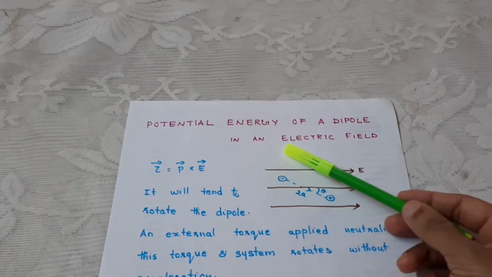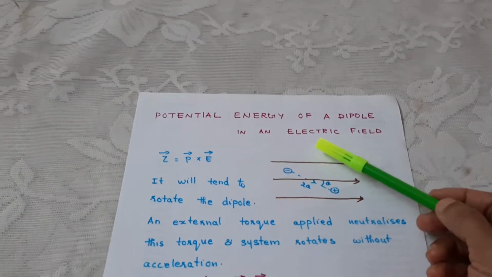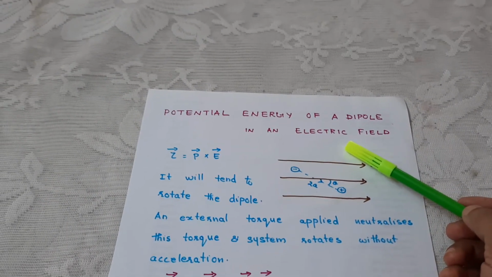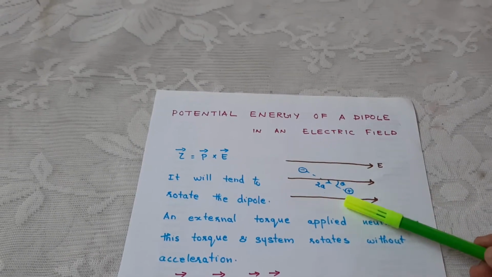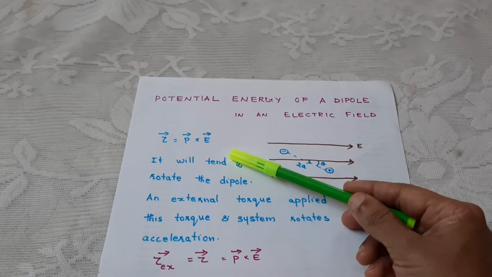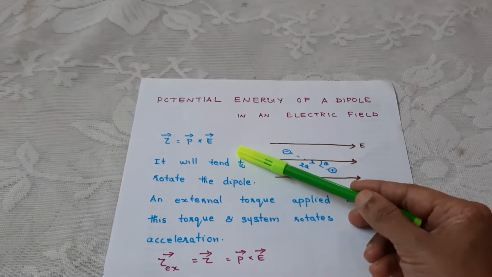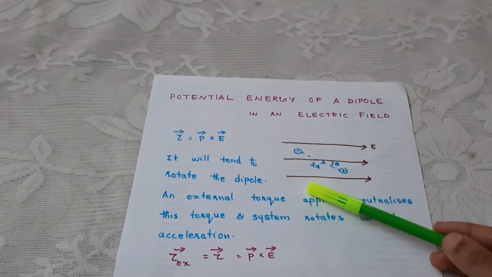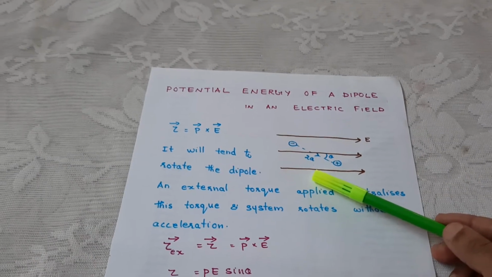Now let us see the potential energy of a dipole in an electric field. When a dipole is kept in an electric field, it experiences a torque, p cross E. The torque will tend to rotate the dipole.